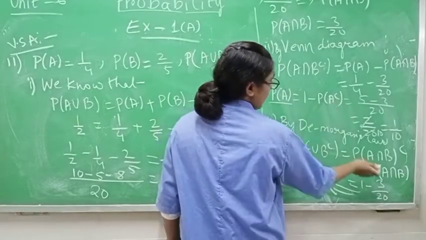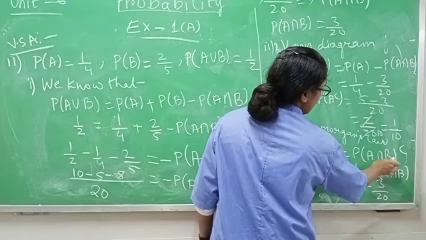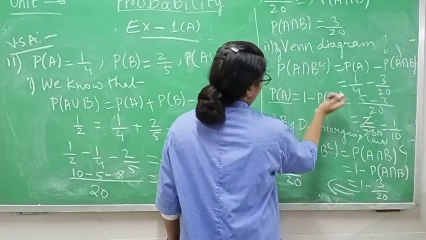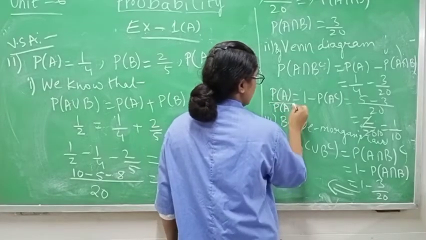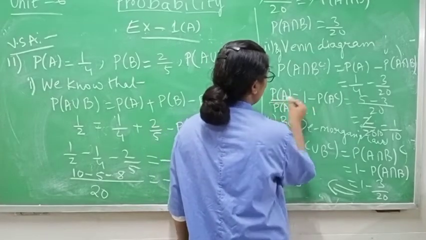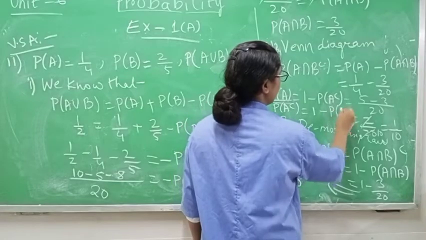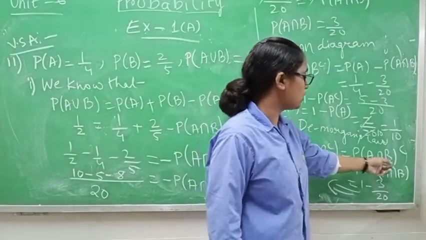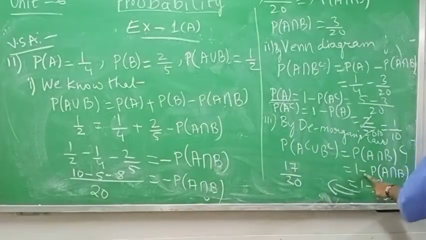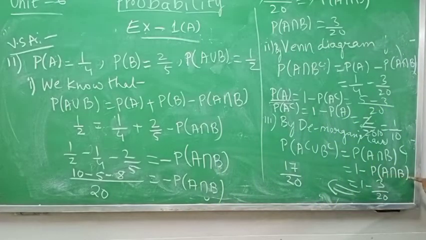If you take this one this side, P(A intersection B) will come, and P(A) will go that side, it will become minus. So in place of (A intersection B) complement, I am writing 1 minus P(A intersection B).